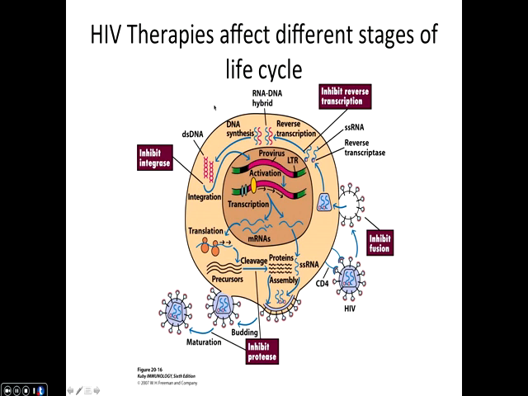So there are different ways to hit the virus, and there are obviously a lot of not easy targets, but obvious targets, which is these enzymes that are unique to the virus. We do not have reverse transcriptase. We don't use integrase. And we don't use these specific proteases to cleave these polyproteins. So these became very, very good fertile targets.